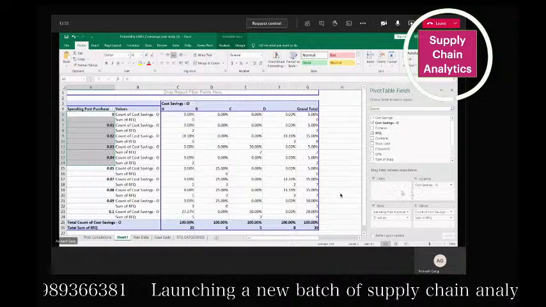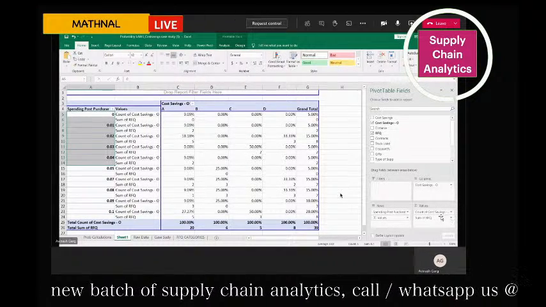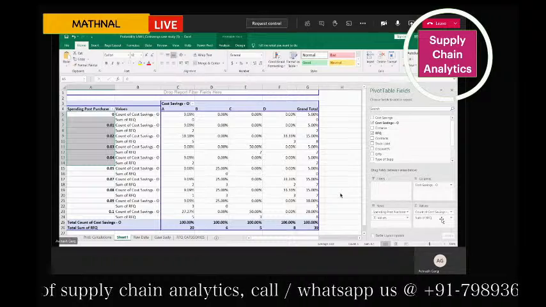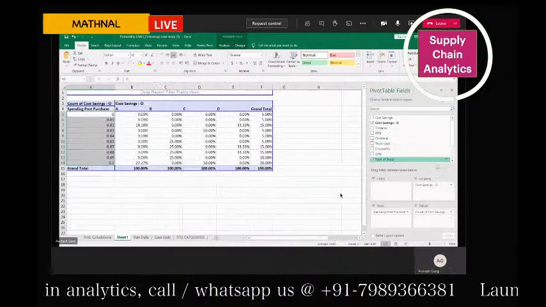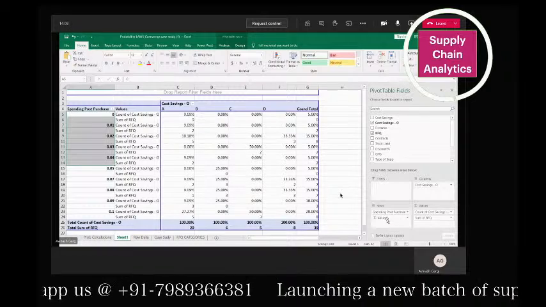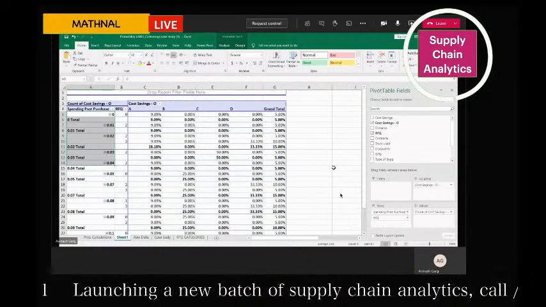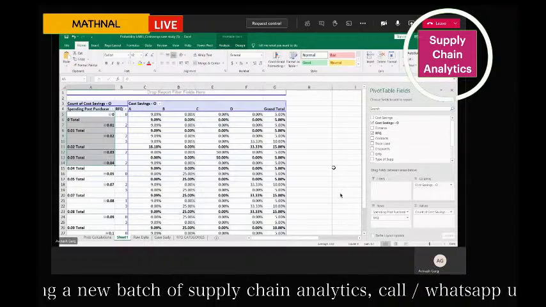We have to take only one in the value section, so we have to remove some of the RFQs. Now we put the RFQ in the rows section. We should not go to the value section. Yeah, now it's fine.